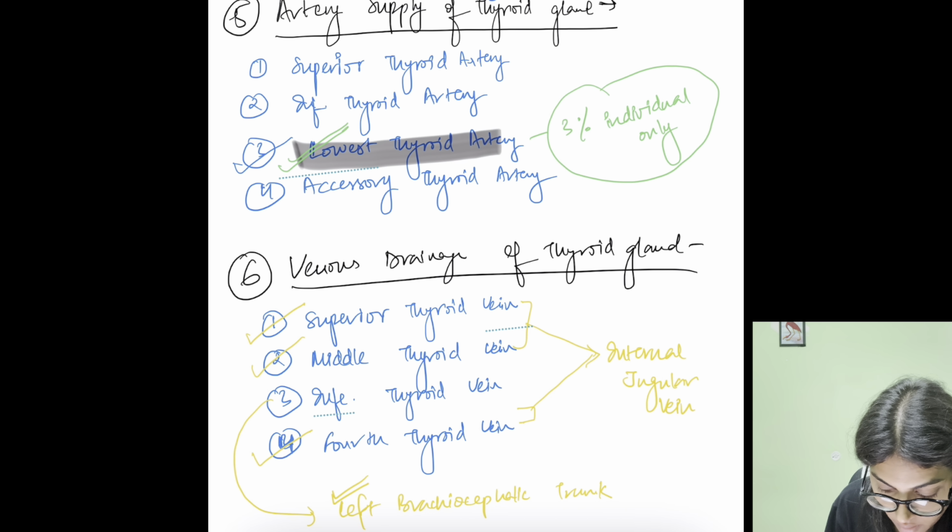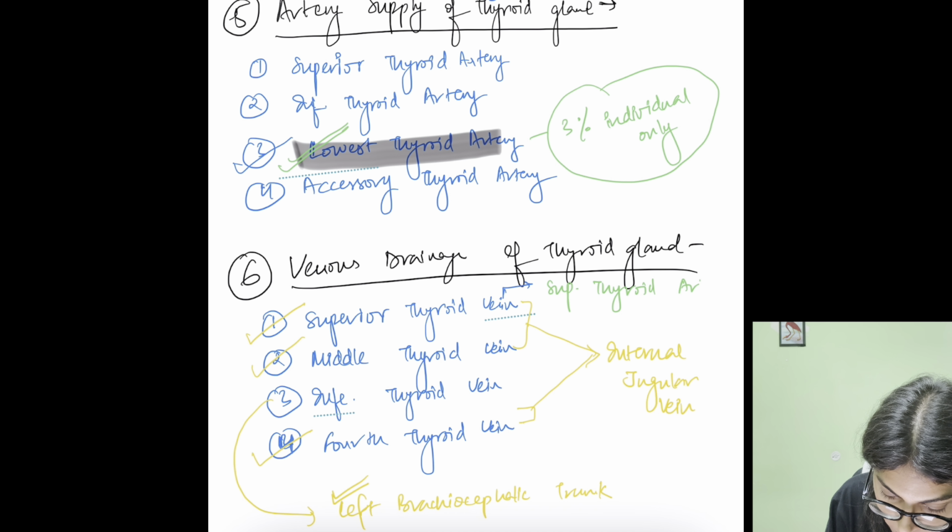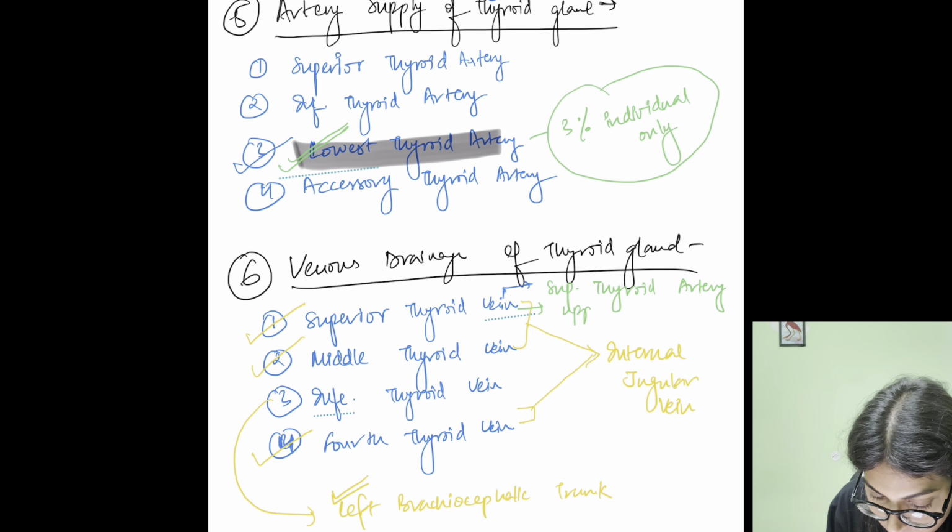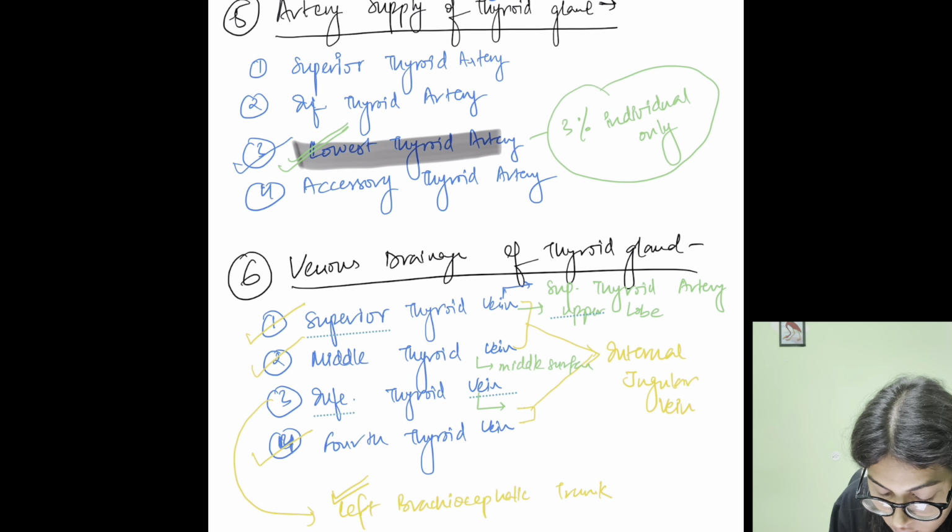And the superior thyroid vein accompanies the superior thyroid artery. It is present in the upper lobe, the middle vein is present on the middle surface, and this is present in the lower lobe.